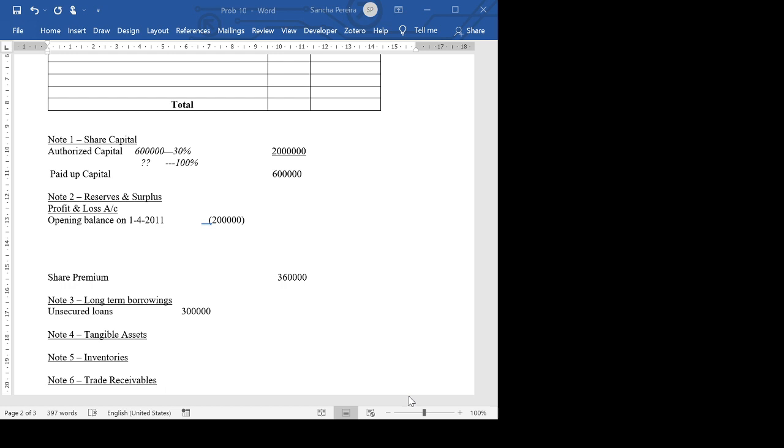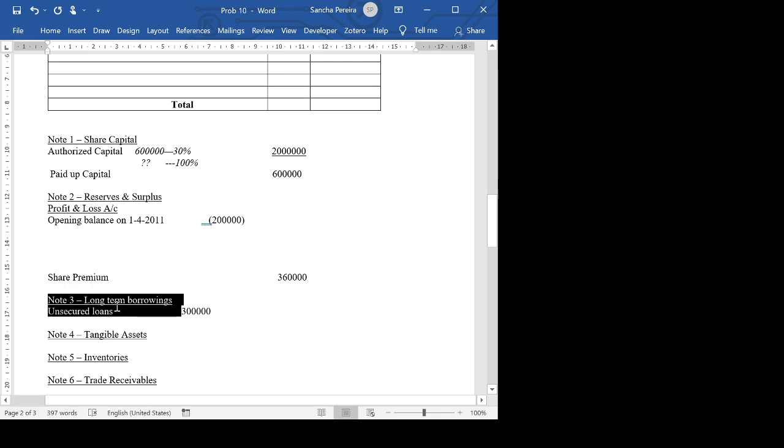So now we move on to current liabilities. Under current liabilities, the first thing that we have is short-term borrowings. We have a bank overdraft, if you remember.